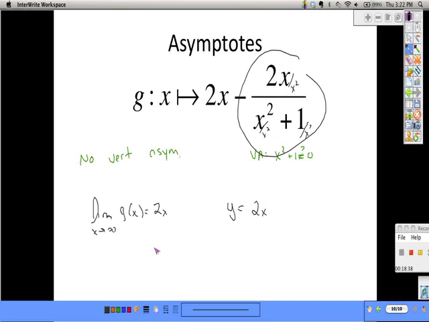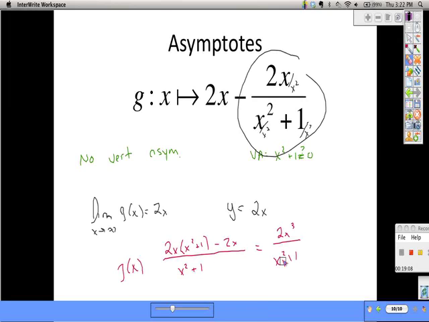Now another way to look at this would be to take this whole thing and combine it together. So I get a common denominator. I would distribute, and I get 2x cubed over x squared plus 1.